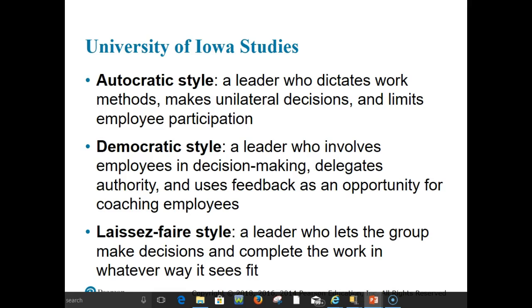Finally, the laissez-faire leader style let the group make decisions and complete the work in whatever way it saw fit. So they're very laid back, total empowerment, almost like an I don't care attitude. Just do it. The researchers' results seem to indicate that the democratic style contributed to both good quantity and quality of work.